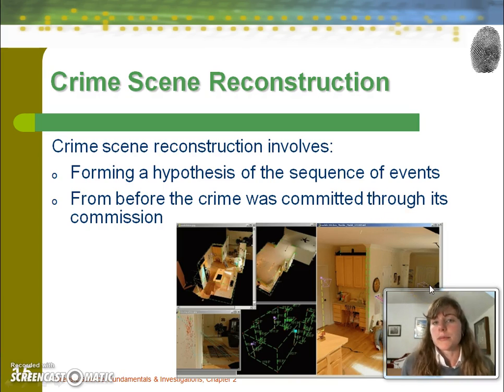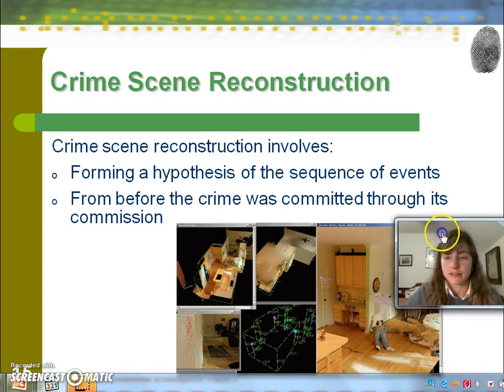Another thing that can be accomplished through crime scene investigation is a reconstruction of the scene, and it's very important to be able to reconstruct the events that happened at that scene. Just like any other science, you form a hypothesis of the sequence of events, and you evaluate it through the evidence that you have.